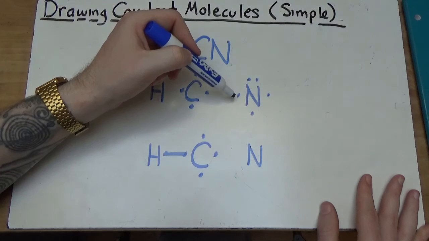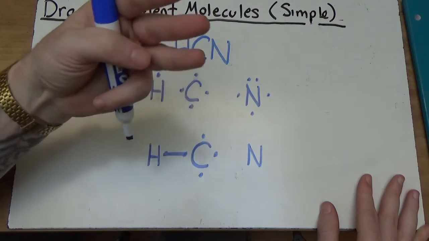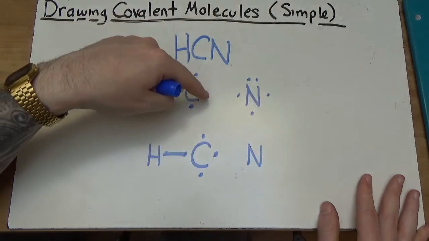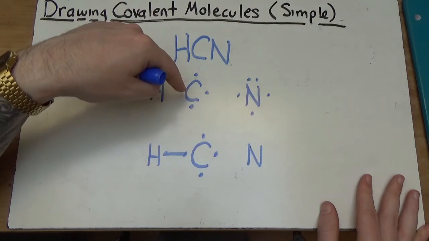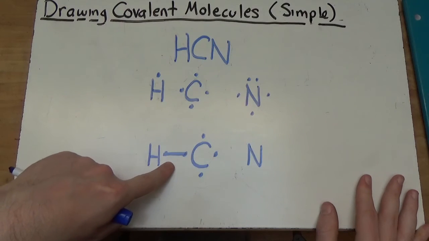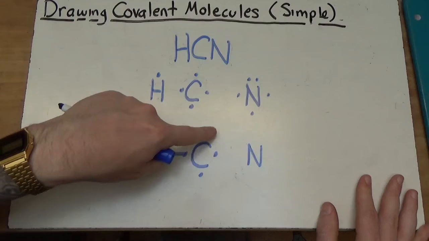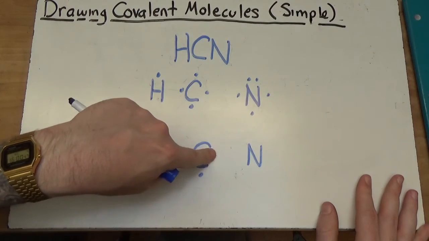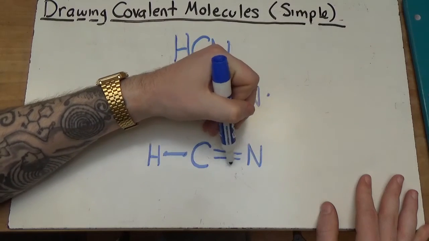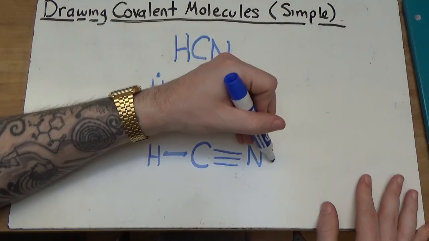So N can form 3 bonds. There can be 3 lines coming off of N. Carbon has 4, and it can form 4 bonds. But it has already formed 1 with hydrogen. So, to fill up those 4 bonds, it's going to use all 3 that it has left to bond with nitrogen.